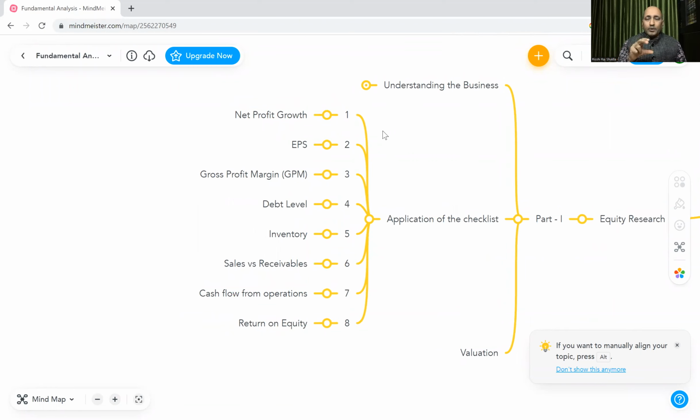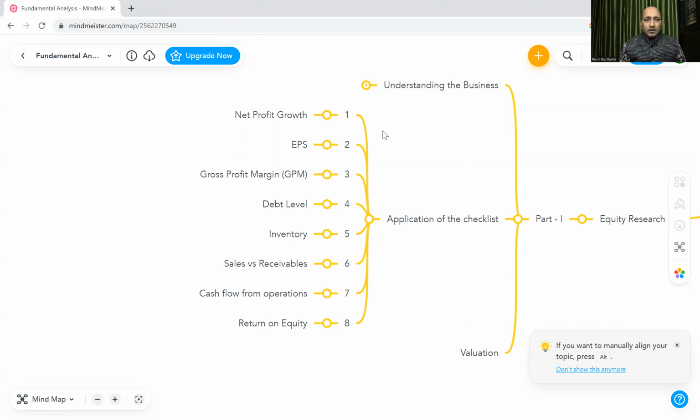If net profit is consistent or growing in an upward direction, then it is fit to invest. Otherwise, no. Second thing, EPS growth should be in sync with net profit growth. If it is also consistent or increasing, then it is investable grade.